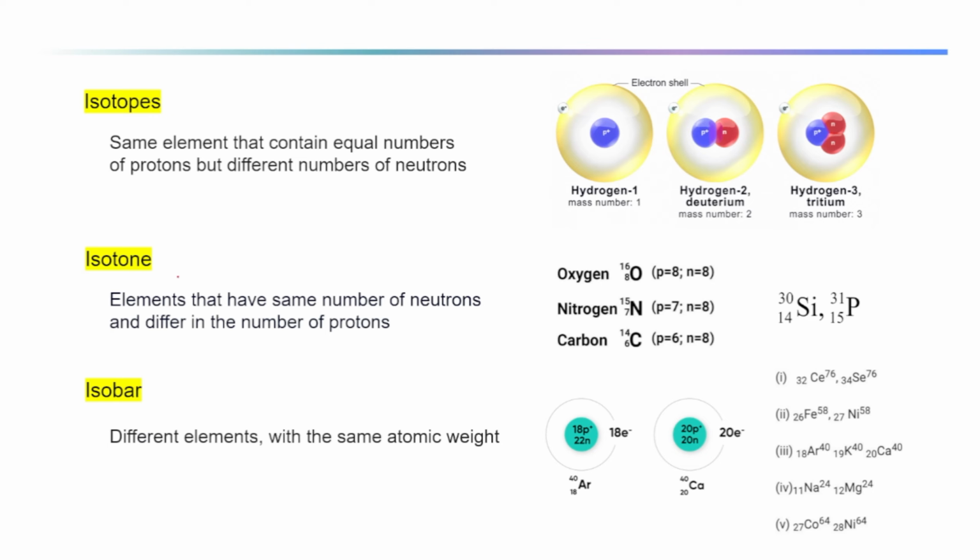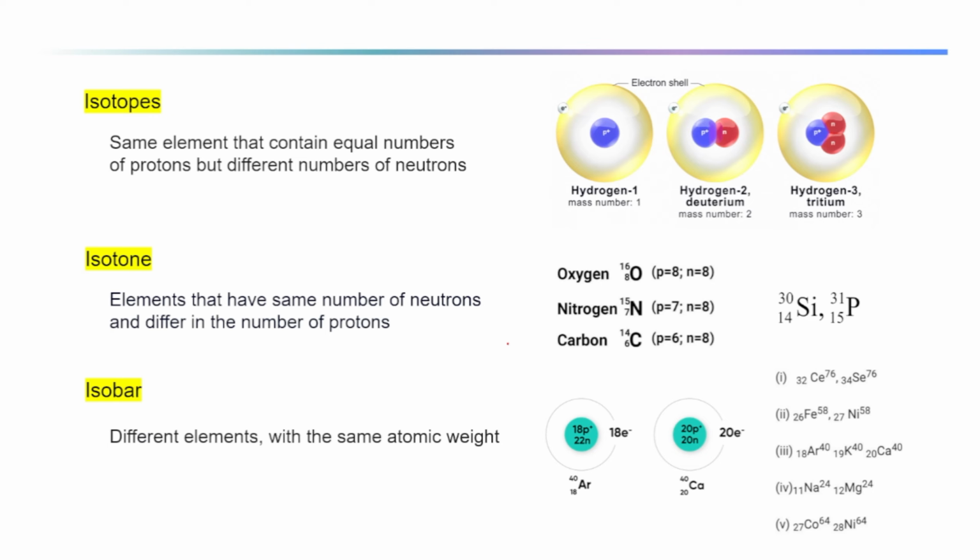Now in case of isotones, elements that have the same number of neutrons differ in the number of protons. So in case of isotopes, we have the same number of protons, different number of neutrons. Here it is exactly opposite. So you have a different number of protons, but the same number of neutrons.